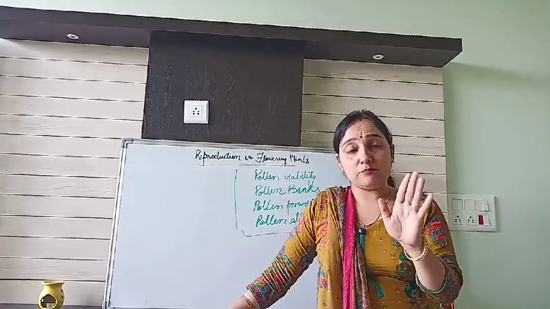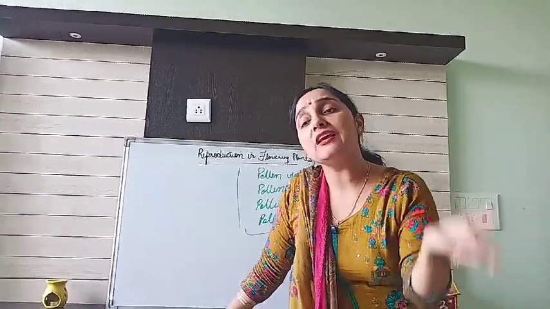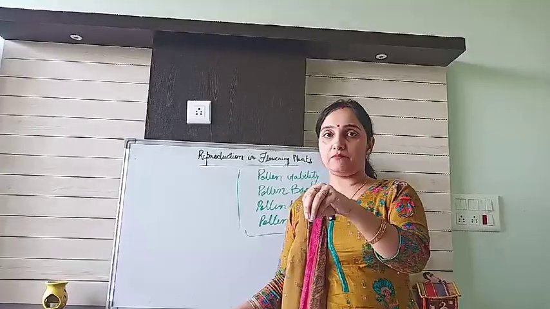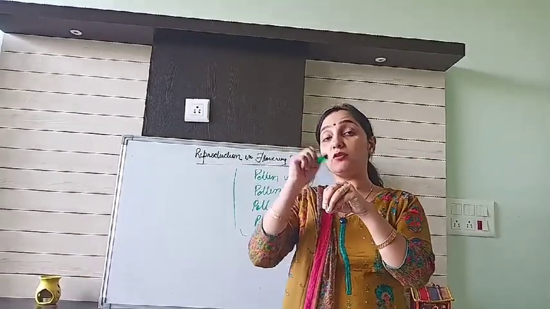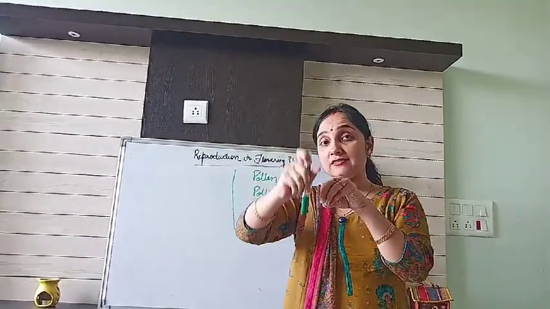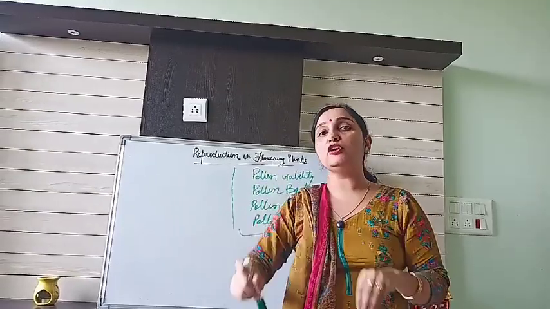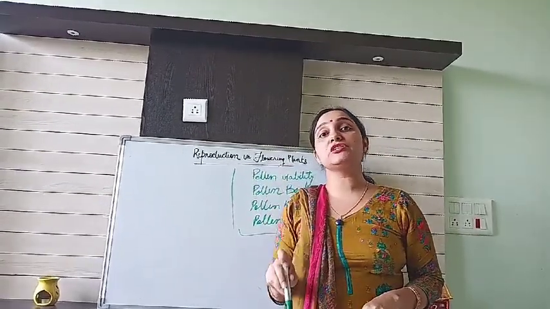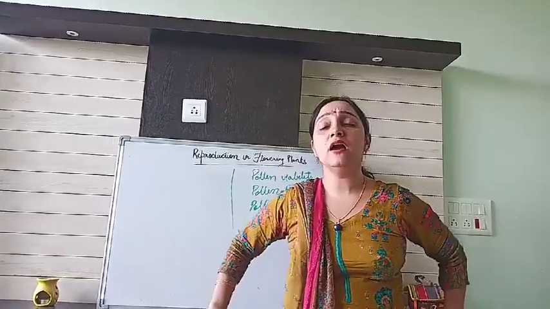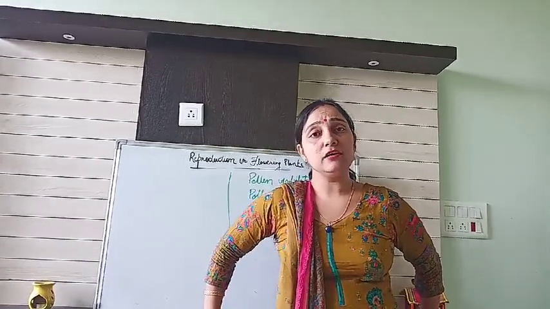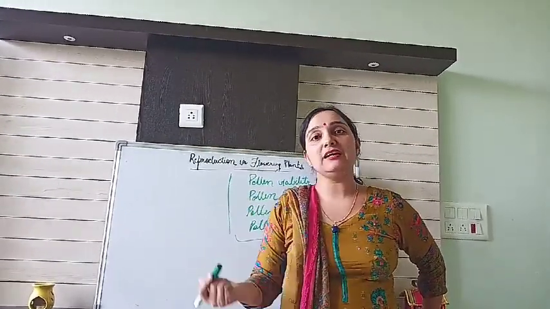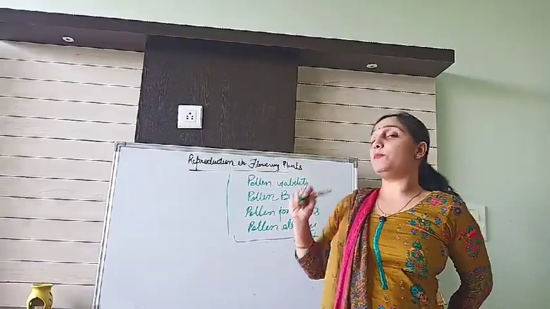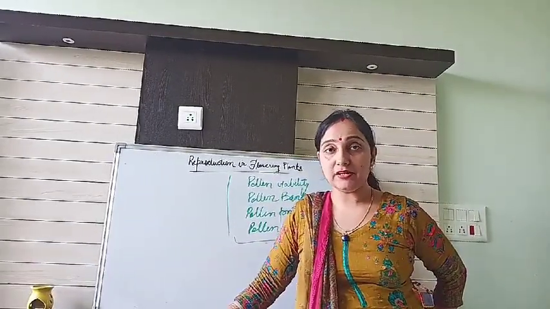Pollen grains attach on the stigma, that is the female reproductive part, and give rise to a pollen tube, and that pollen tube helps to reach the sperm cells inside the embryo sac of the flower. That ability represents pollen viability, right?